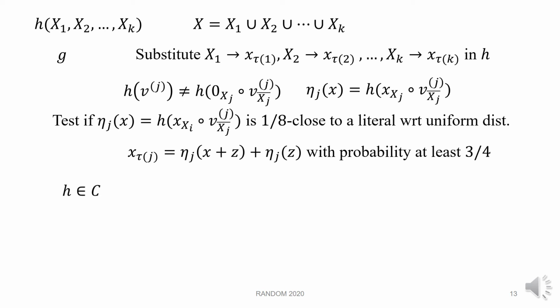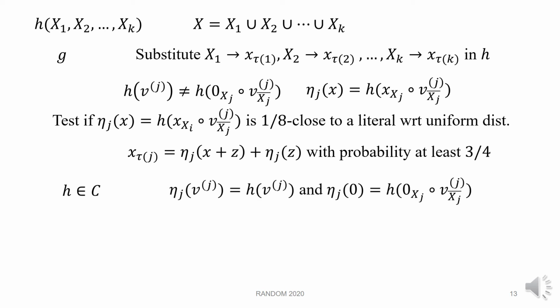Okay, let's see what happens when h is in C. When h is in C, eta at Vj is equal to h at Vj. And eta at 0 is this. And notice that those two are not equal.